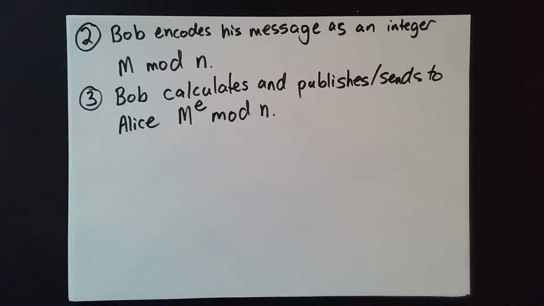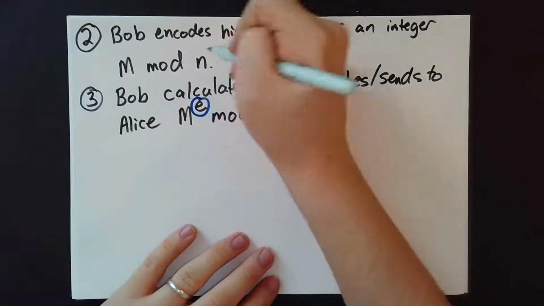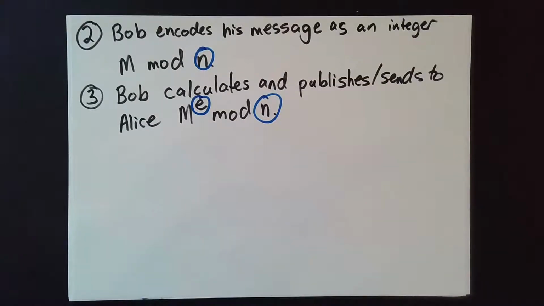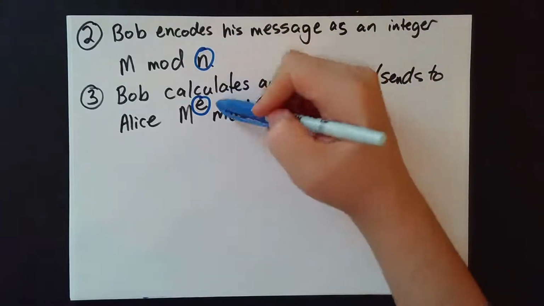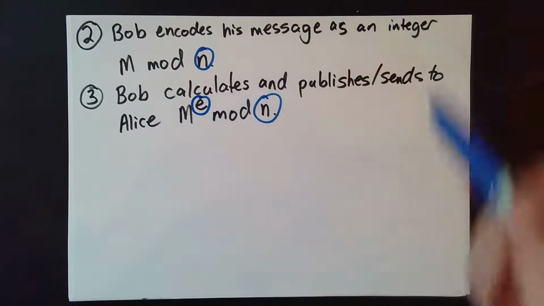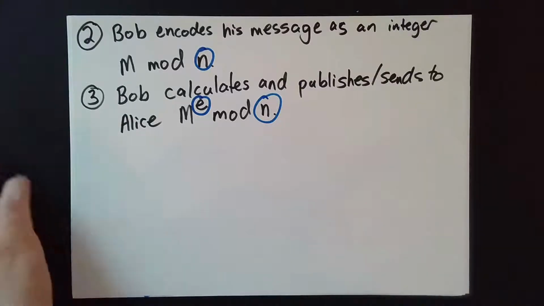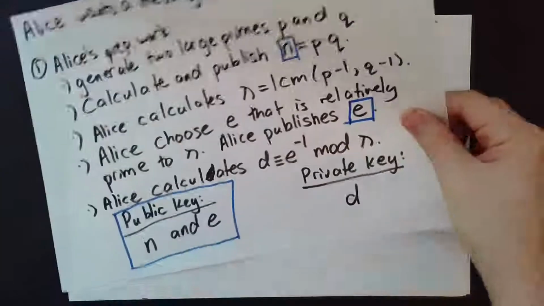Okay, so let's recall where all of this information is coming from. e and n are both pieces of the public key, so literally everyone in the world knows n and e. d is a piece of information that is private to Alice.